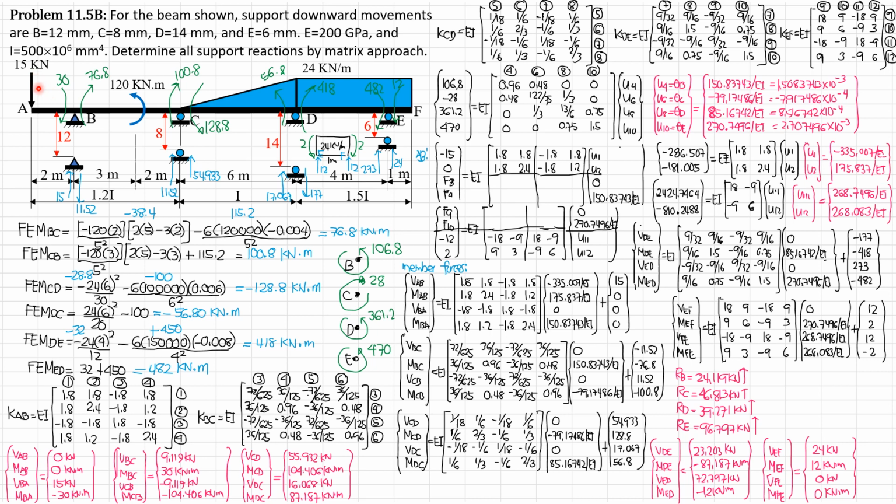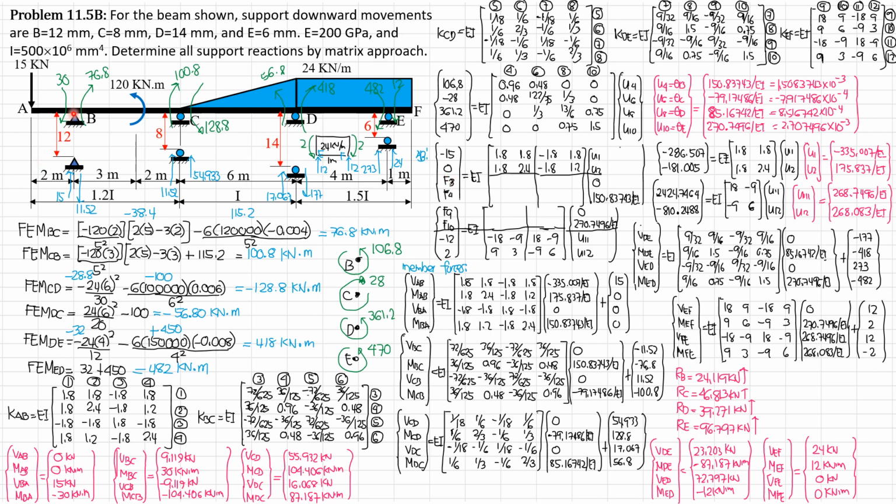Since the load is acting at the fixed end, it will not produce moment. And the reaction here is upward, 15 kilonewtons, the fixed end force. Therefore, the nodal load is 15 downward. So that's why we have negative 15 here. No moment at A.